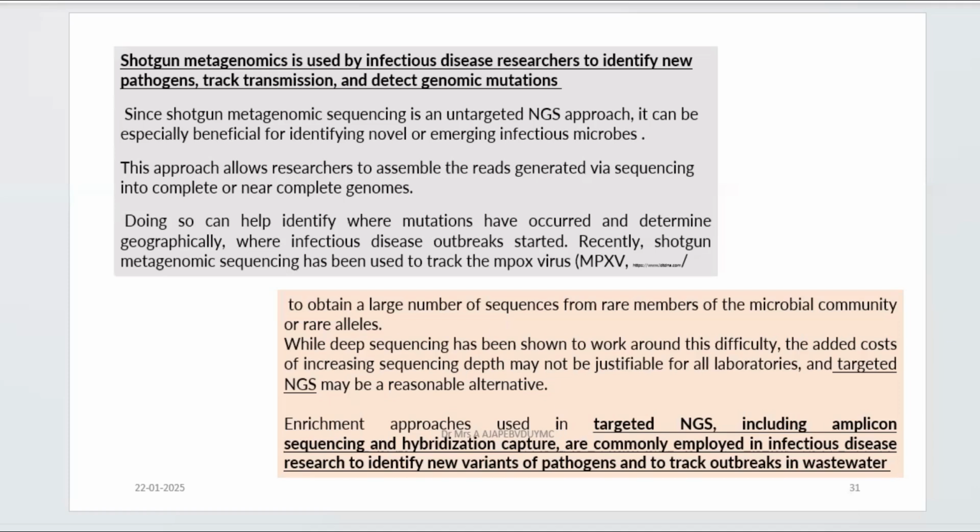So they are referred to as targeted NGS. It is not in the syllabus, but it is the higher part of sequencing advancements or tools. I just wanted to mention the term targeted NGS, next generation sequencing, where amplicon sequencing is followed by hybridization capture. These are the two additional terms, and they are of use when there are a large number of sequences and the sequences are coming from rare members about whom you do not have any prior information.